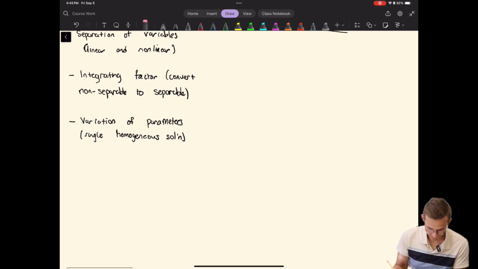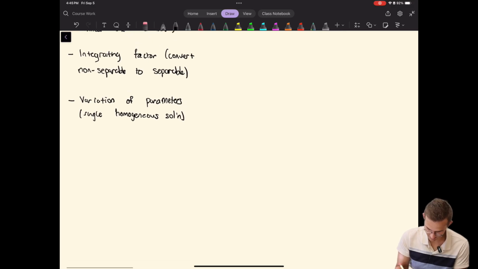And then there's one we really didn't cover, which is a method called order reduction.